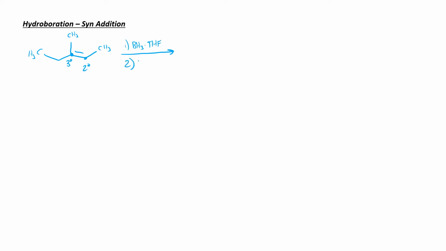We're going to use BH3·THF, hydrogen peroxide, and sodium hydroxide. And what we'll get out is, of course, the anti-Markovnikov product, where the hydrogen ends up attached to the more substituted position, and the oxygen ends up attached to the less substituted position.